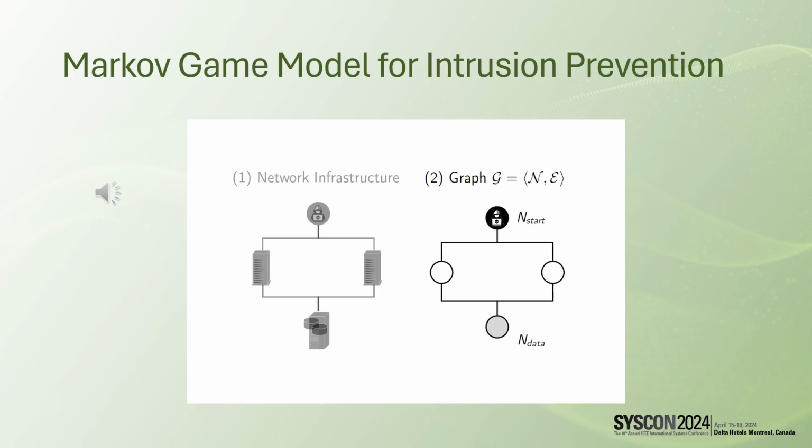For this, we also need to think about the optimization of resources. By modeling a network as a graph, it's possible to apply algorithms that find the most effective way to allocate resources for intrusion prevention, like placing intrusion detection systems or deploying security personnel.